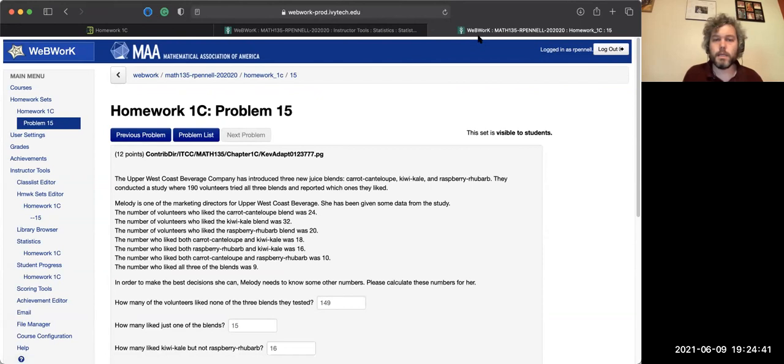This one is tricky. This is the last one on the homework. It's very tricky. There's a fully worked version in the discussion section, but this is a three set Venn diagram that you have to go through.